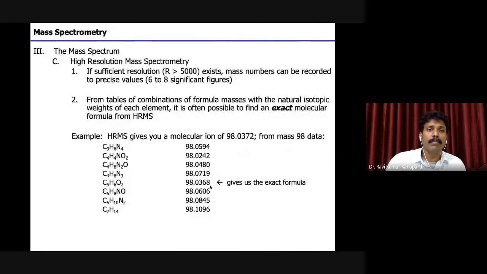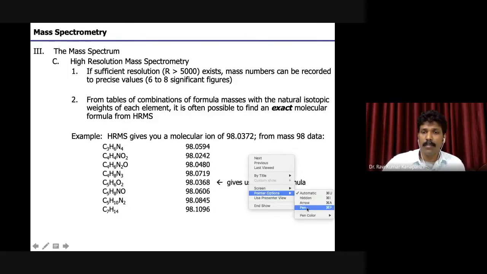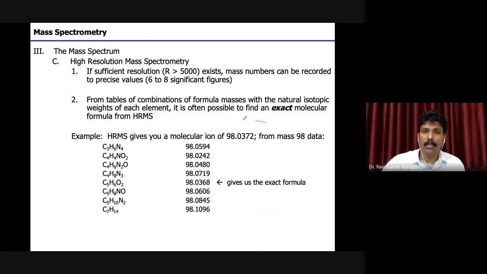The higher resolution and lower resolution we already discussed, but just to give you an example, suppose in the mass spectrum you have seen a molecular mass of 98.0372. The low resolution mass spectrometer will give you only the 98, but not these fractions.